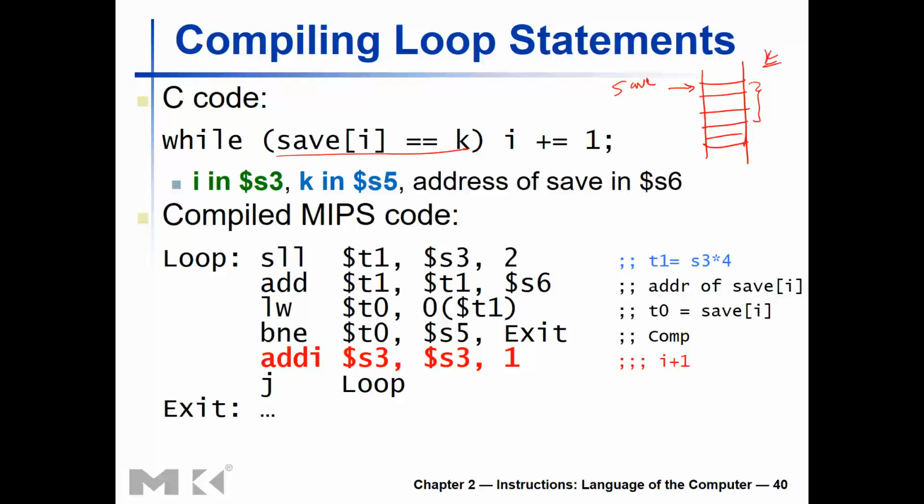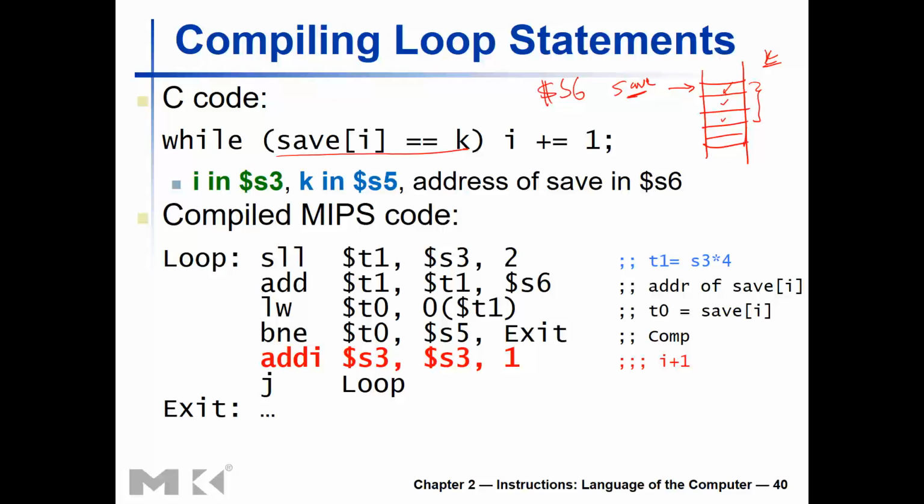So do I have two of these values, four of these values, three of these? I want to know how many of these values I have. And to do this, we implement this. So we assume here that this save pointer is in S6, okay?